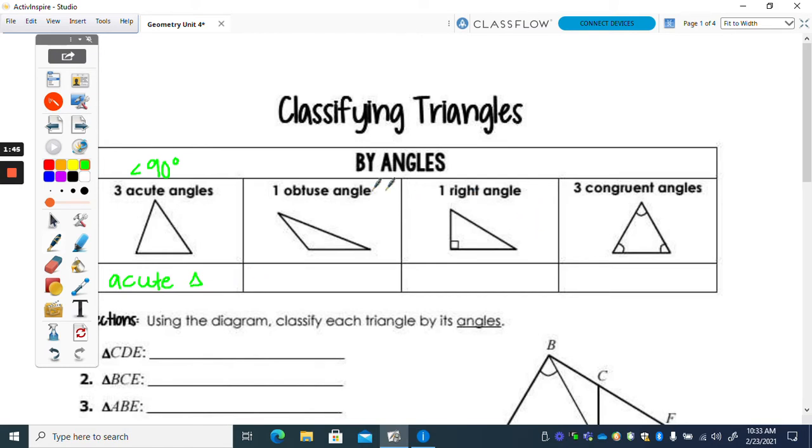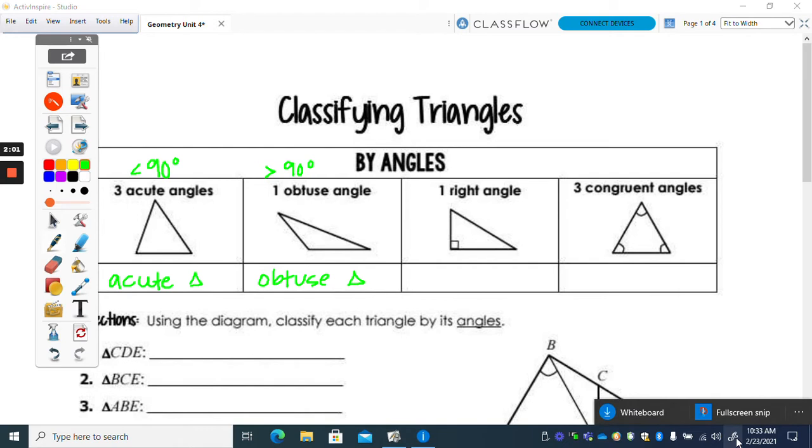If a triangle has at least one obtuse angle, and an obtuse angle is greater than 90 degrees, then it is an obtuse triangle. If a triangle has at least one right angle that's equal to 90 degrees, then it is a right triangle.